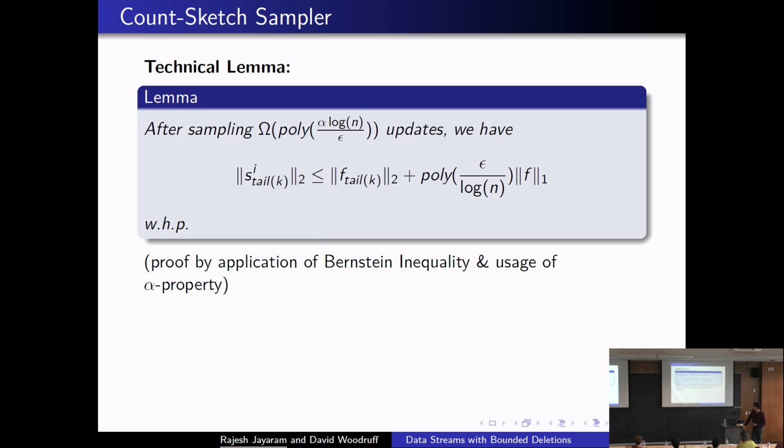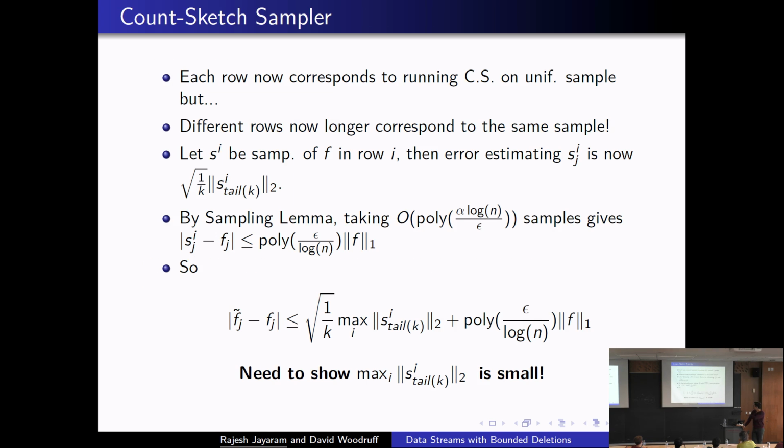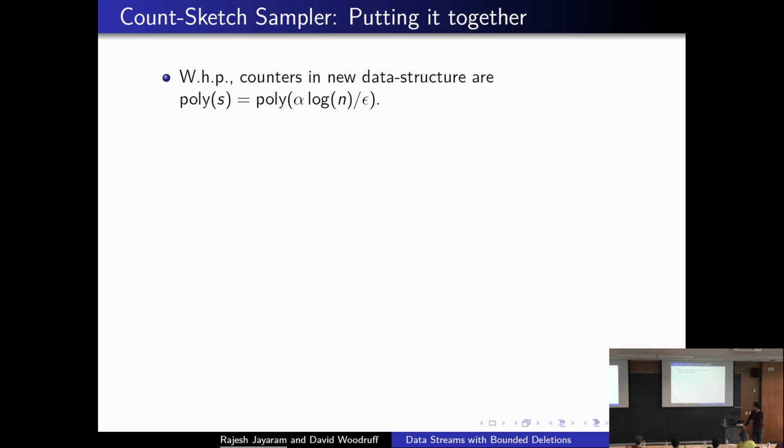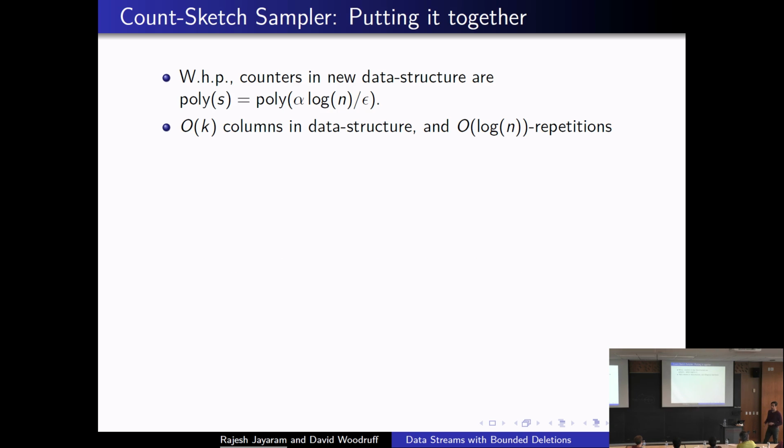You just apply this lemma, and then this whole bound just becomes, let's see. So, in other words, with high probability, as we said before, because the expected number of samples is at least log n, it's not going to be too much larger than log n times alpha and epsilon. So we repeat it, and the total space is k log n times the size of the counters.